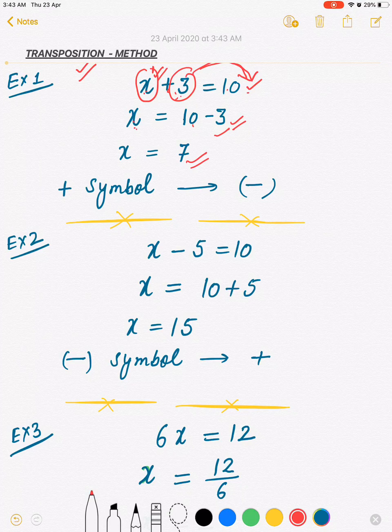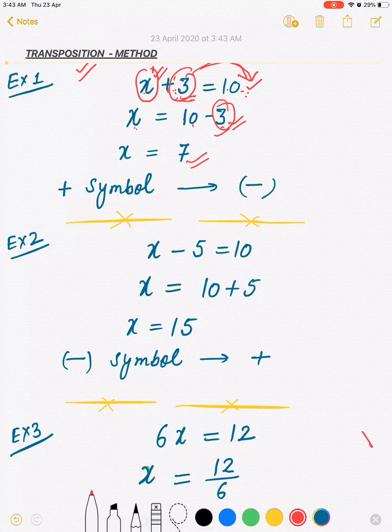If one thing is added on one side, then to keep it balanced, if we take it to the other side, we have to subtract the same thing there. That is why when this goes to the other side, we have to subtract this plus 3 and make it minus 3.